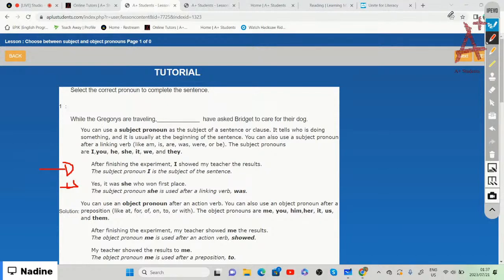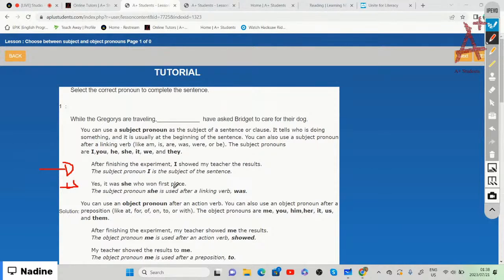Yes, it was she who won first place. The subject pronoun within that sentence is she, and she is used after the linking verb was, right?